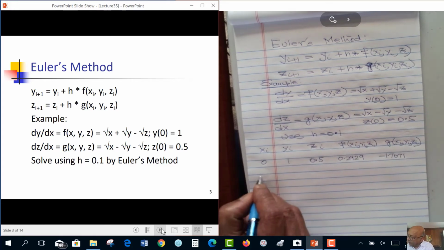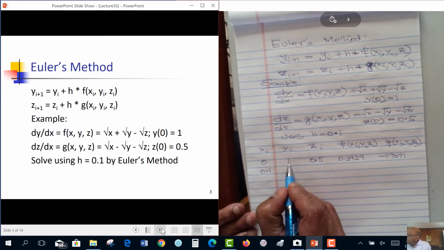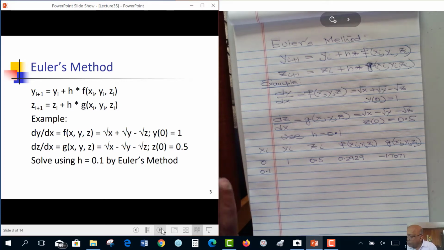All right, so at next x, 0.1, y would be yi plus h times this value. So we'll have 1 plus 0.1 times 0.2929.